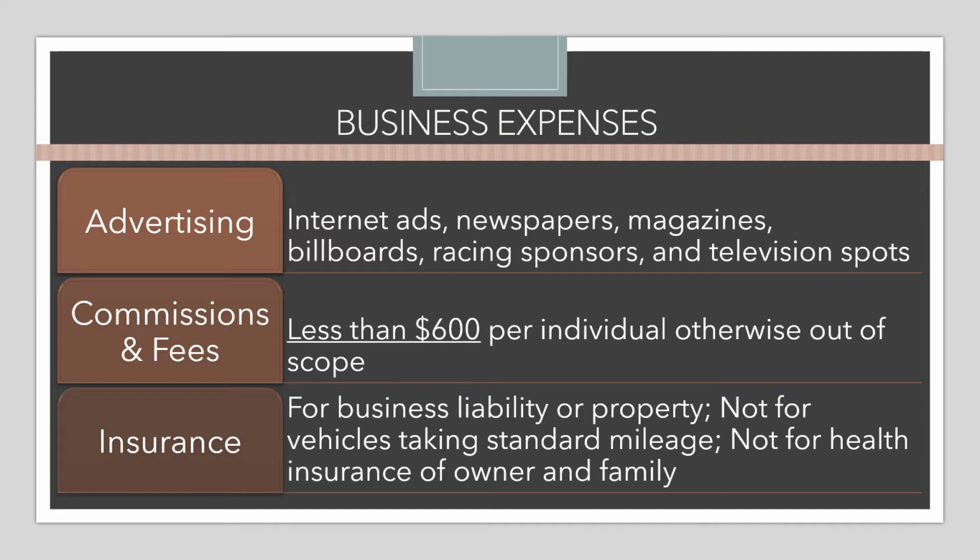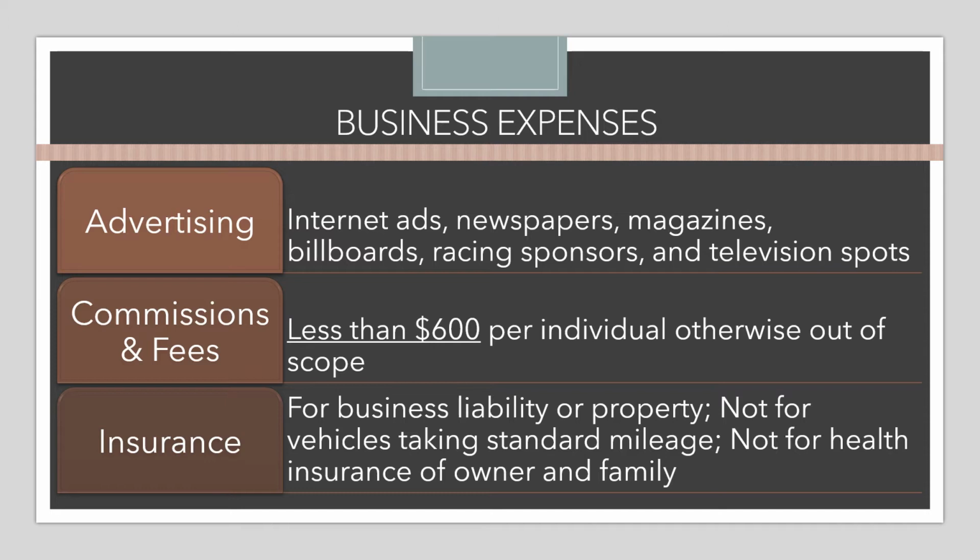Otherwise, it's going to be out of scope. And why is that? Well, because then if it's over that amount, they'll need to be issuing a 1099, and that is an out of scope situation for us, regardless of whether they already issued that 1099 or whether they still need to.